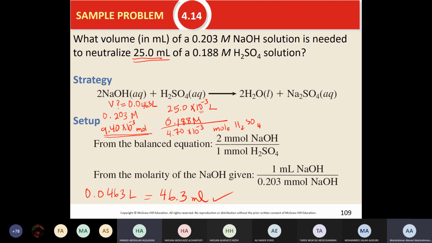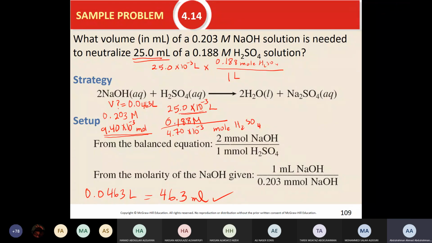We treated 25 times 10 to the power minus 3 liter of H2SO4, which is 0.188 molar. I multiply this by this. This means 25.0 times 10 to the power minus 3 liter times 0.188 moles H2SO4 per 1 liter solution.